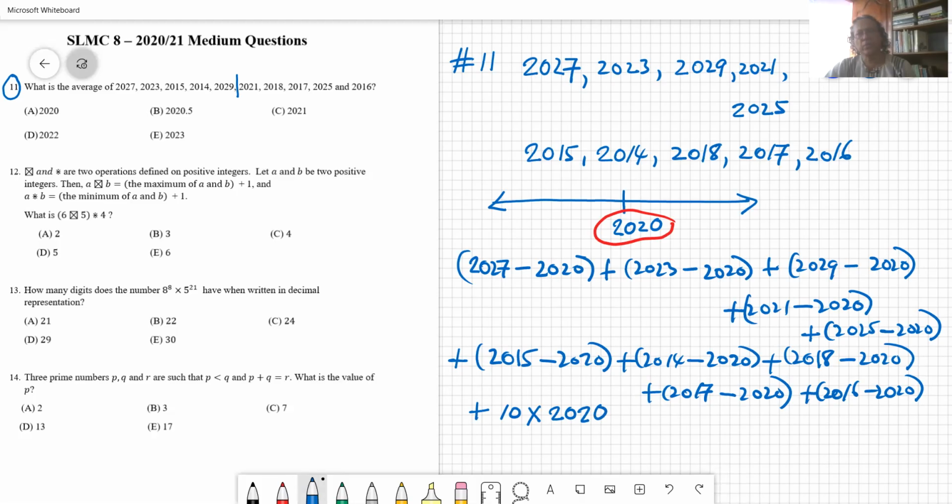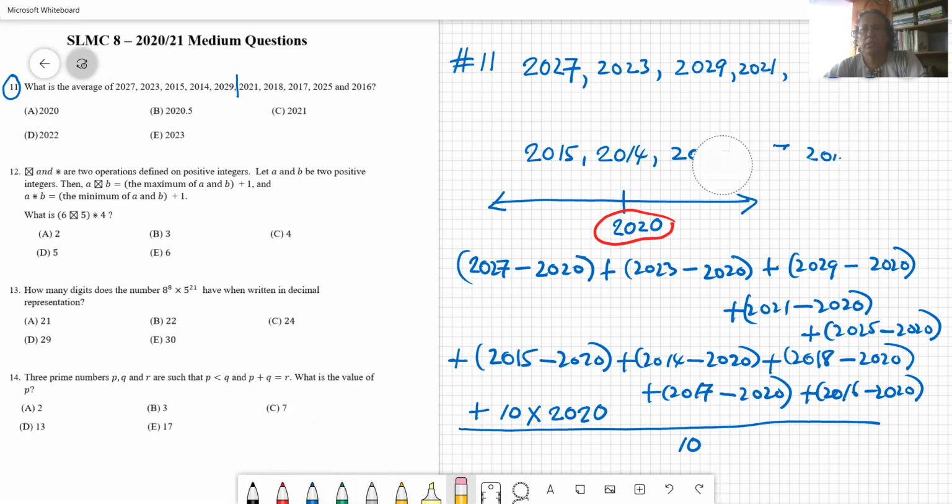And that gives us the sum of the numbers, and then we divide by 10. So now you can see how this is going to help us to find the average without doing big calculations. So let me erase this part.